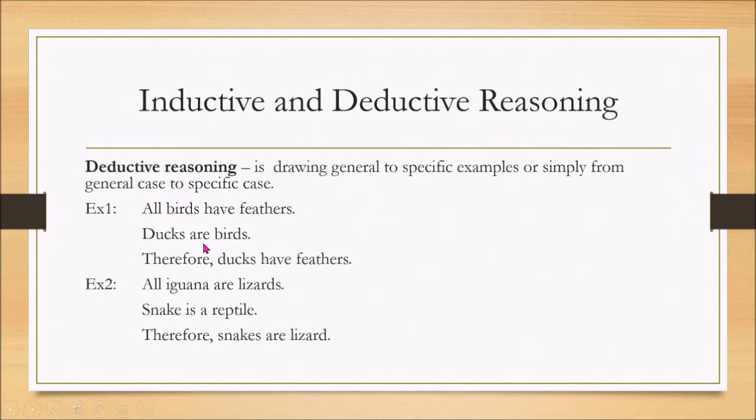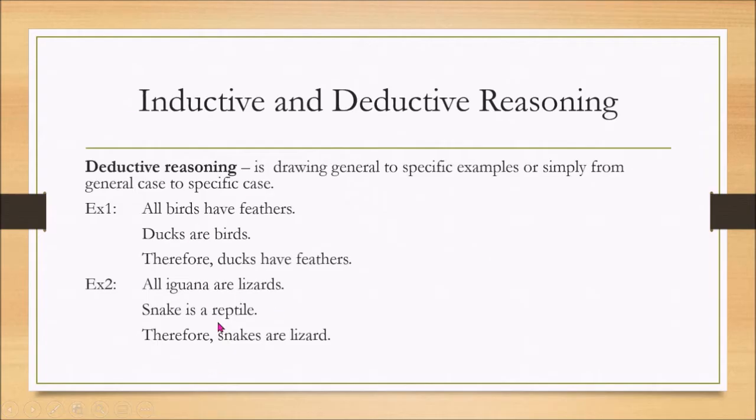Ducks are an example of a bird, which is, ducks are birds. Therefore, the conclusion: ducks have feathers. Another example: all iguanas are lizards. Snake is a reptile. Therefore, snake or lizard.